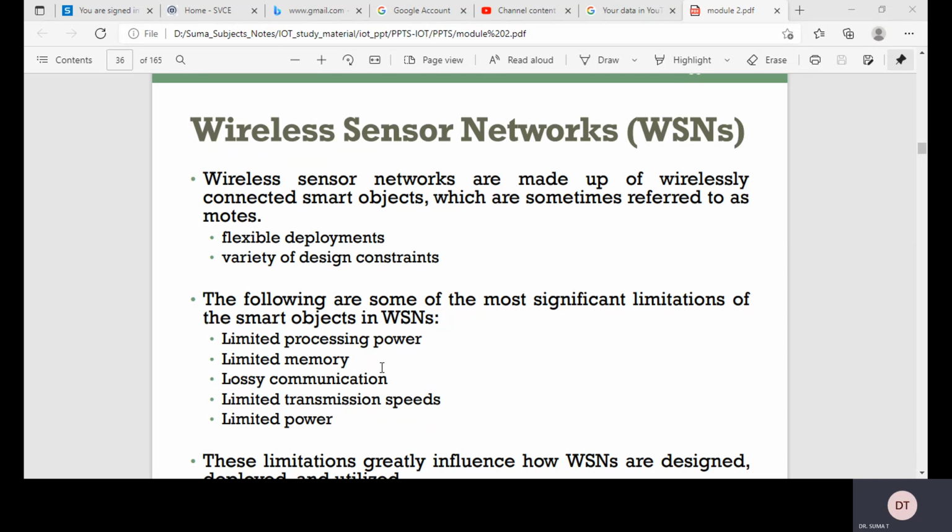These limitations greatly influence how WSNs are designed, deployed, and utilized.